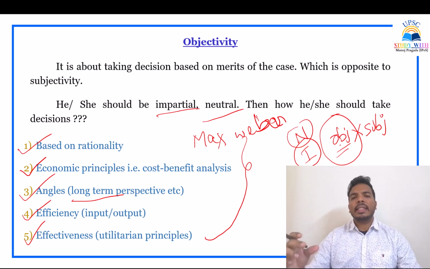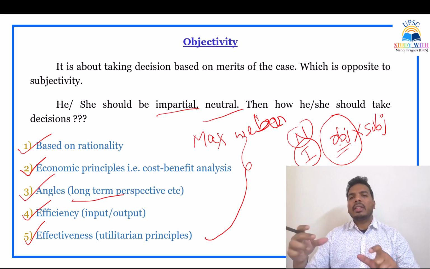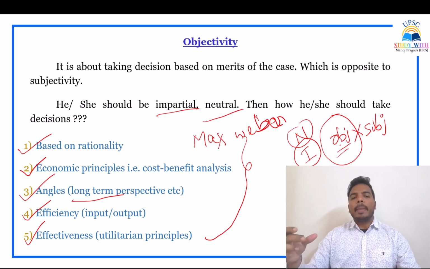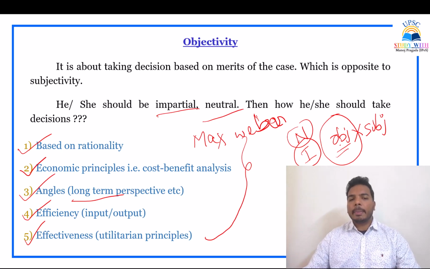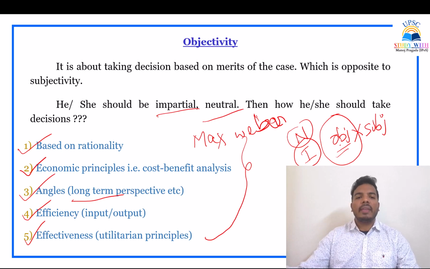Maybe effectiveness is, you can say, opposite to objectivity, because effectiveness means we are always thinking about the utilitarian principles. Utilitarian principles means we are saying how many people are getting the benefit. We are talking about the welfare. Effectiveness always talks about the welfare. Efficiency talks about cautious spending of the public money, while effectiveness talks about the people's welfare.